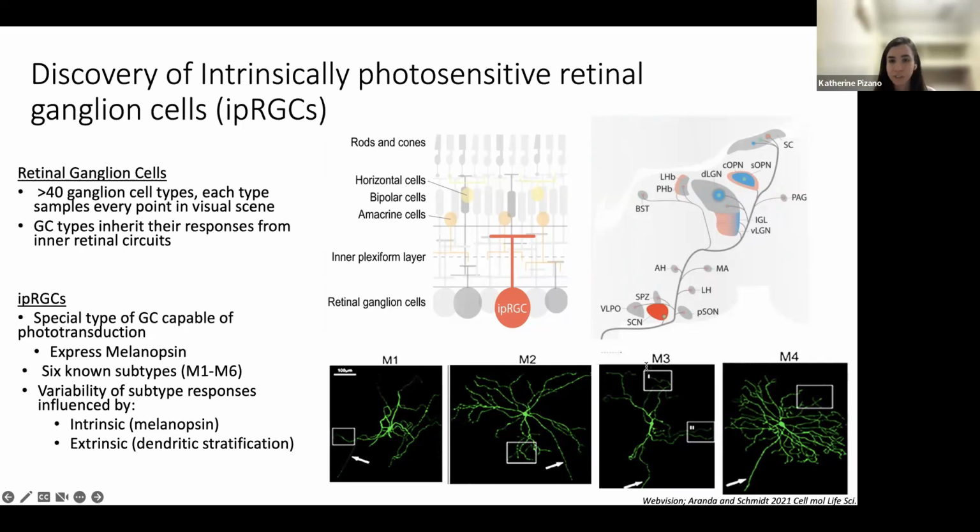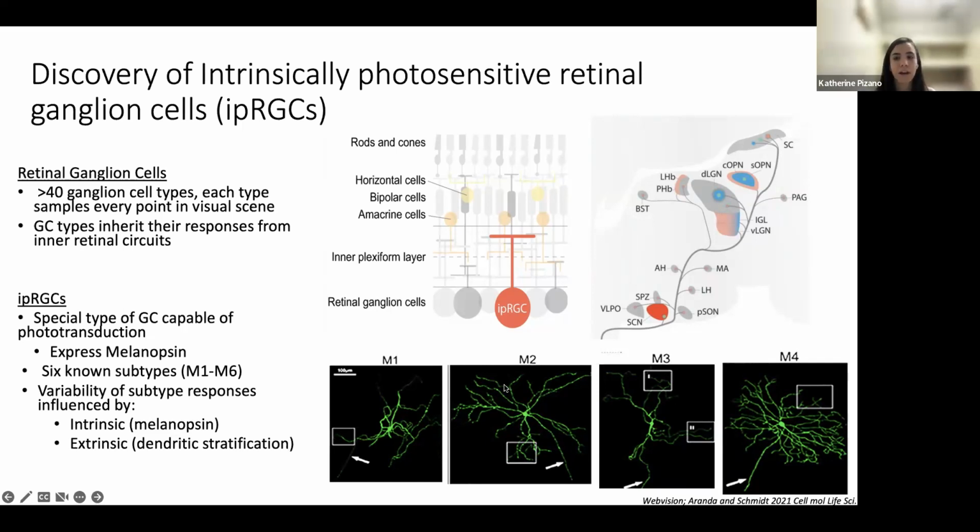So these ipRGCs encompass a morphologically and functionally diverse type of at least 6 subtypes, some of which I show you down here. And the variability of ipRGC responses can be really appreciated and influenced by two things mainly. So one, the intrinsic properties of the melanopsin itself, and two, extrinsic factors like dendritic stratification.